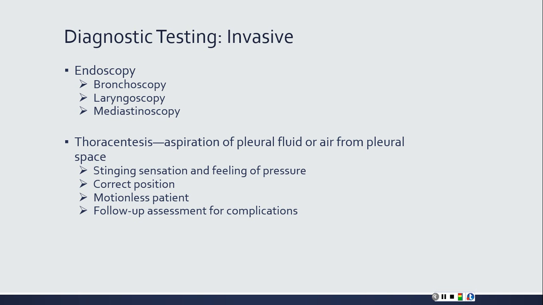All right. The laryngoscopy is visualization of the larynx, so the vocal cords, the structures that involve speech. They can go in and take a look at them. They can also obtain tissue samples, do a biopsy, whatever. They can do a lot of things. I think this is kind of what Joan Rivers had a couple weeks ago, I believe.